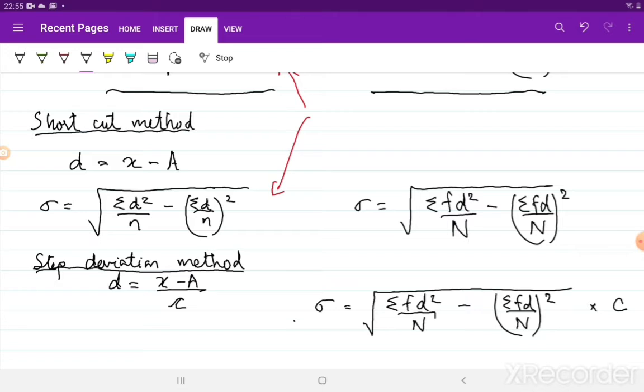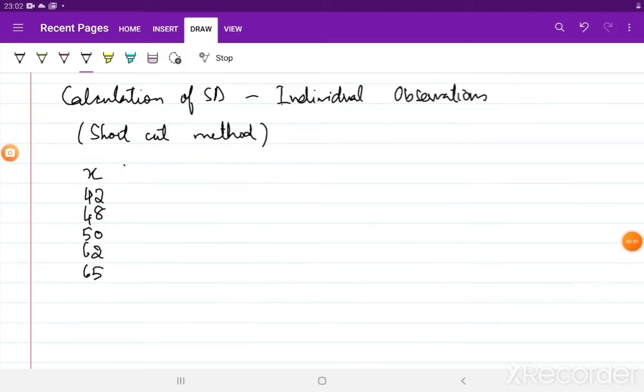Now we shall have a look at examples of solving these. Earlier we looked at calculation of standard deviation for individual observations using the original and the simplest formula. Now let's look at calculation of standard deviation, again for individual observations, but using the shortcut method.